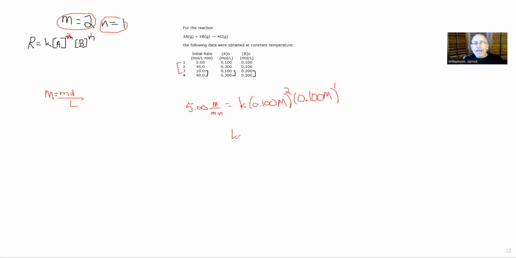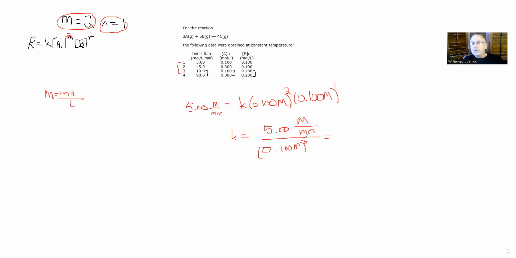So then K, rate constant, is equal to 5.00 molarity per minute over 0.1 molarity, whole thing cubed, right?